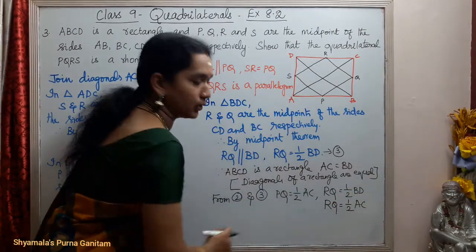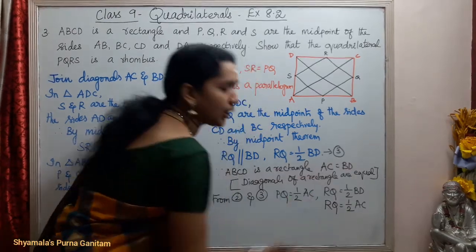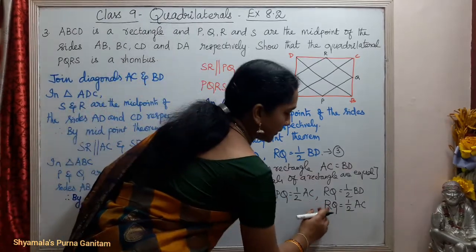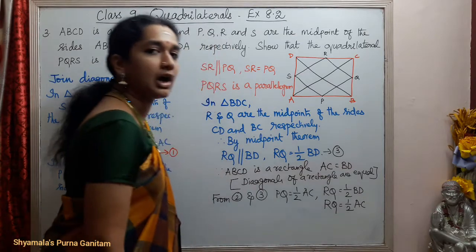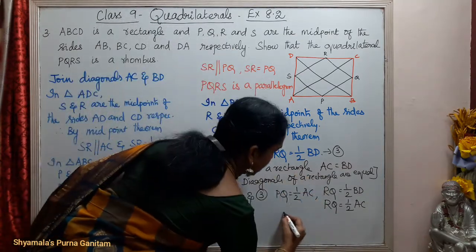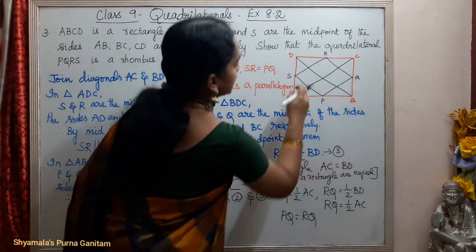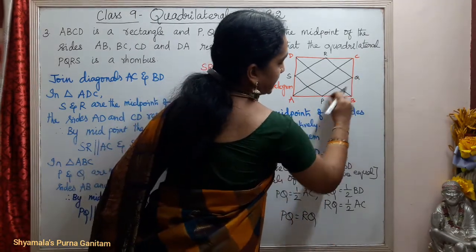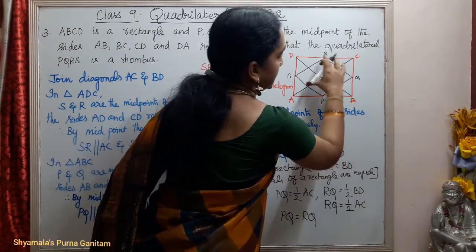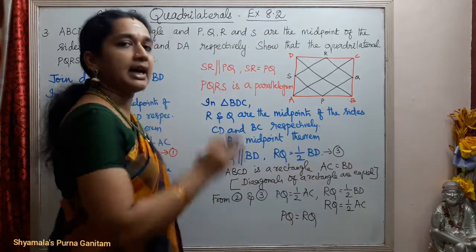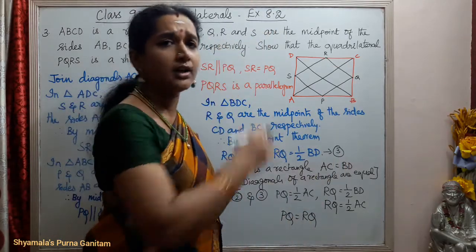So already we know that PQ is equal to half of AC. So now we have proved that RQ is equal to half of AC. So we can say that PQ is equal to RQ. PQ is this side, RQ is this side. So we have proved that the adjacent sides are equal.